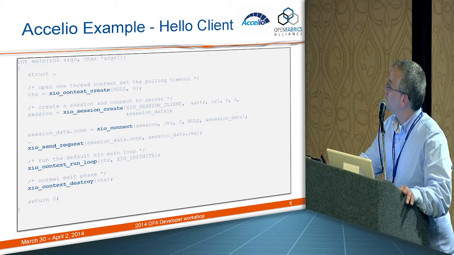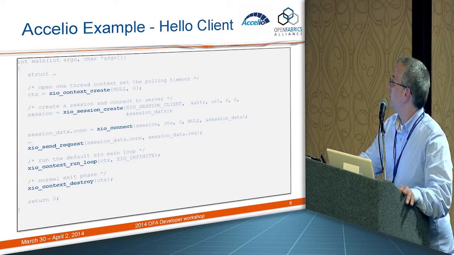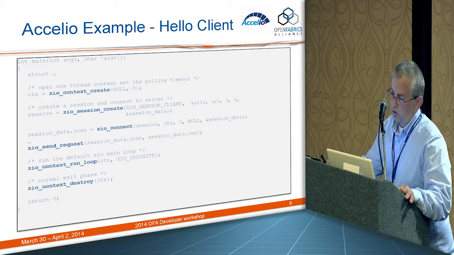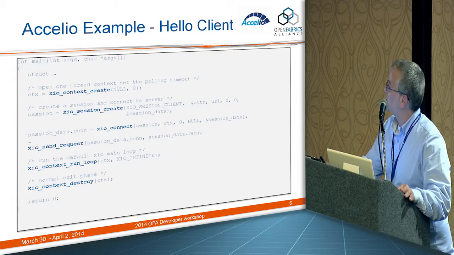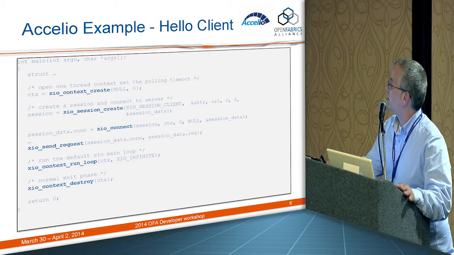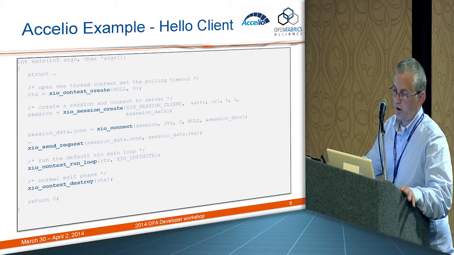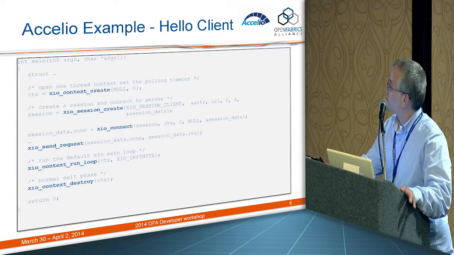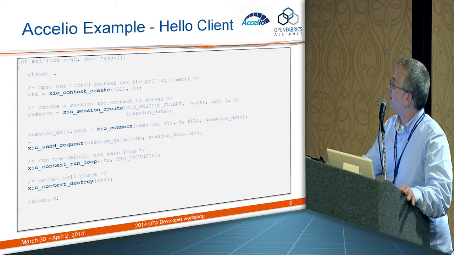The next thing you are doing is preparing your own message and issuing a request. Please note that currently the event loop did not run. Nothing is running. There is no connection. It actually just created the structures. So you can send a request, and the request is being queued.